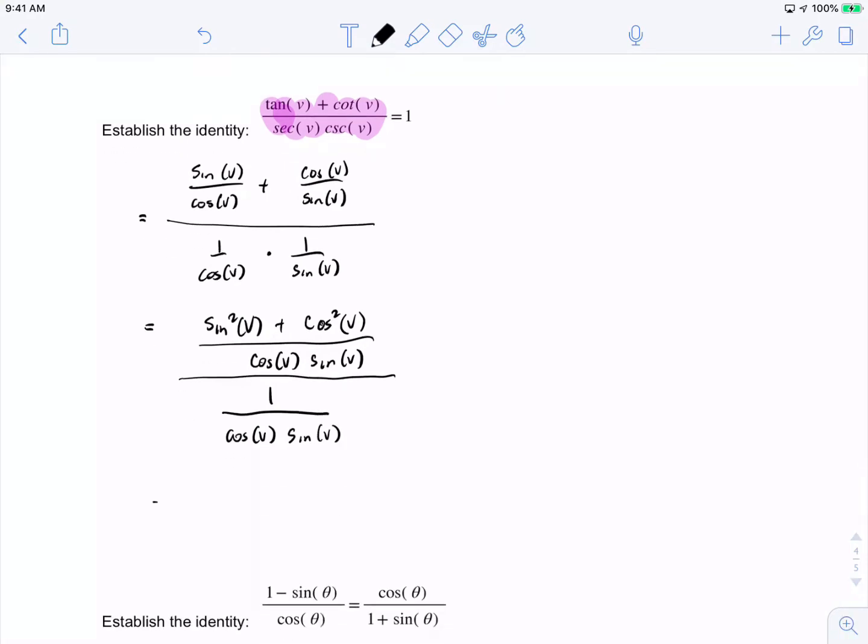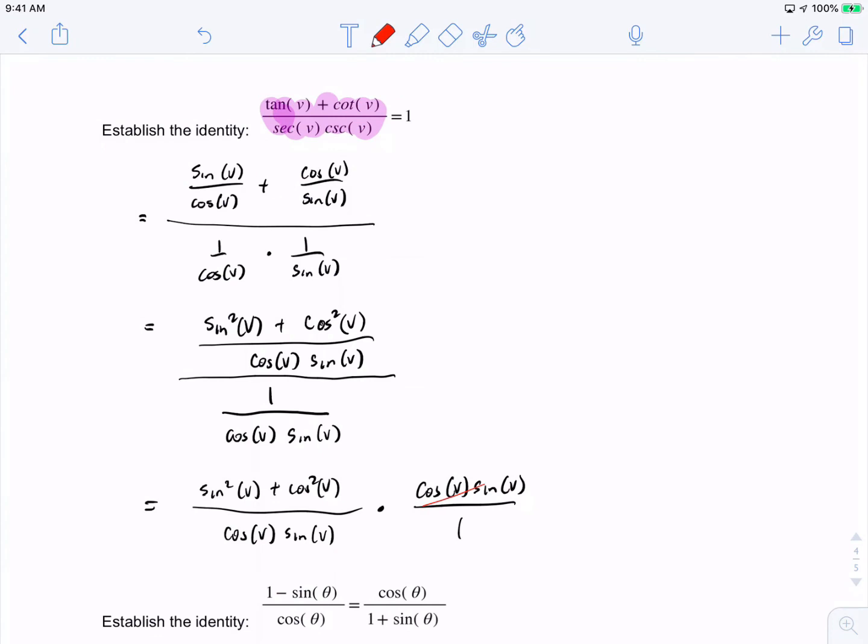And again, we know that when we divide by a fraction, we multiply by the reciprocal. So I'm going to get sine squared of v plus cosine squared of v over cosine of v sine of v times cosine of v sine of v over 1.